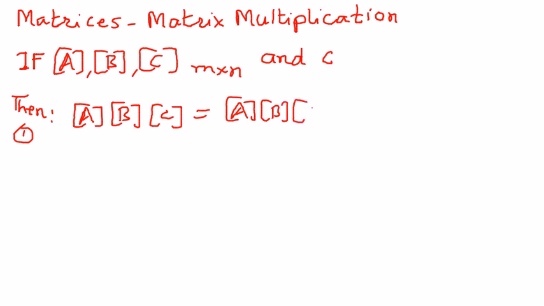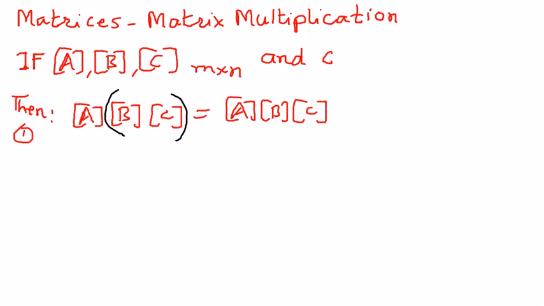A times B times C, and every one of these matrices has elements within them. Let's say we multiplied B times C first, and then multiplied the product of that to matrix A. We would have a resulting value, which would be another matrix.